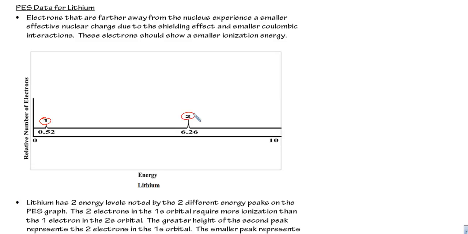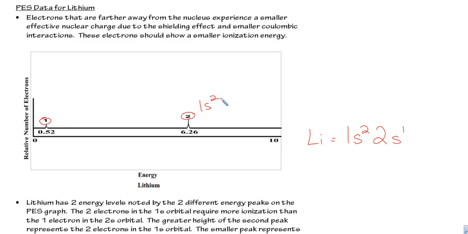Now another thing they might ask you to do is label these electrons. You know, I know the electron configuration of lithium is 1s2, 2s1. Oh, the 1s2 electrons, that must be these. There are 2 electrons in lithium that seem to require about the same amount of ionization energy, 6.26 megajoules per mole.